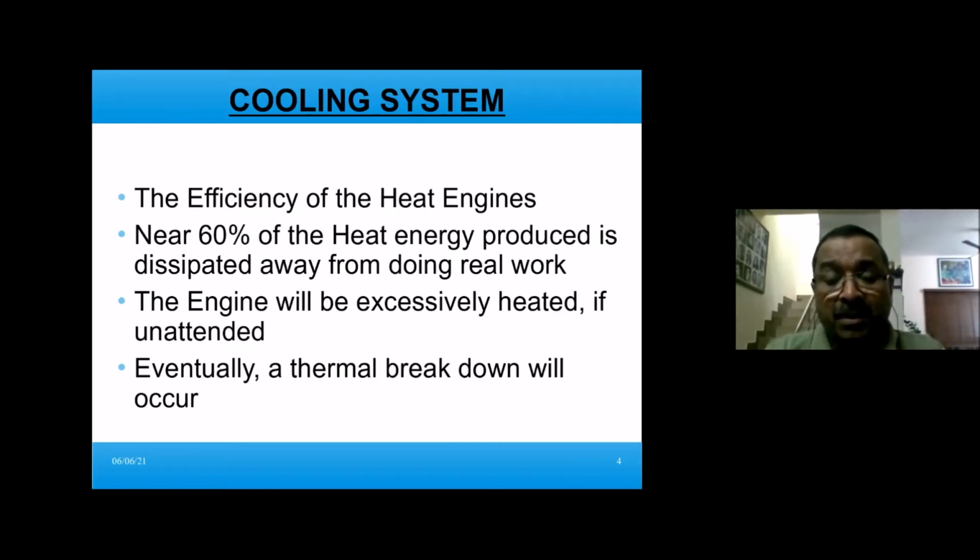If we are not cooling it, it will get excessively heated, and eventually a thermal breakdown will happen. Your engine will be damaged. If we are not cooling your engine, a thermal breakdown will happen to your cylinder or your engine.